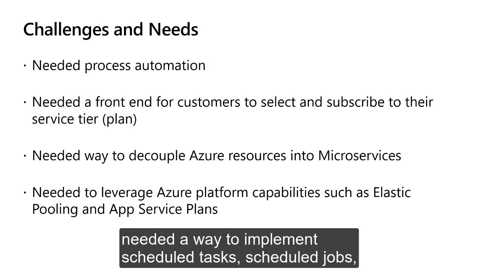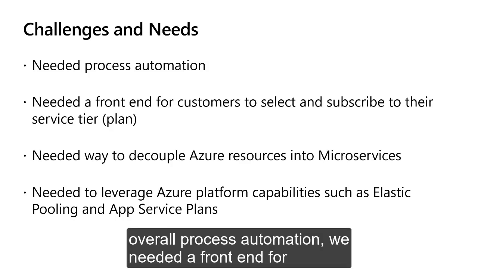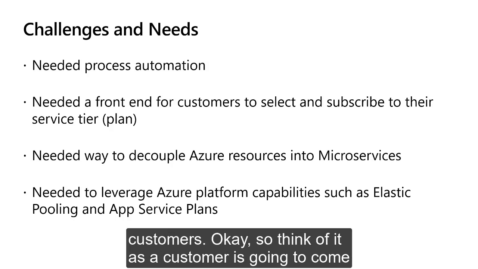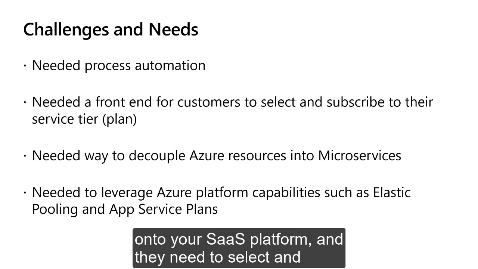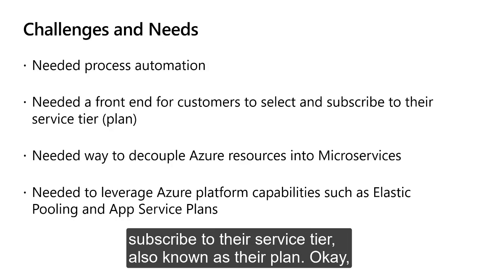We needed a way to implement scheduled tasks, scheduled jobs, overall process automation. We needed a front end for customers. Okay, so think of it as a customer is going to come onto your SaaS platform and they need to select and subscribe to their service tier, also known as their plan.